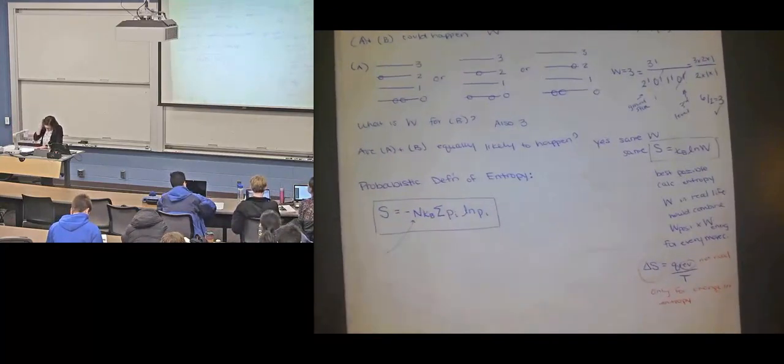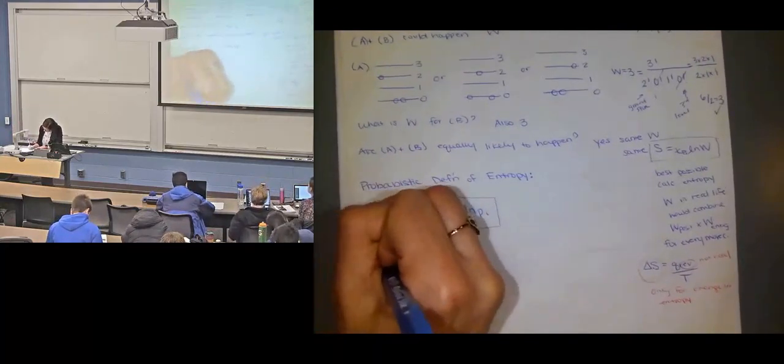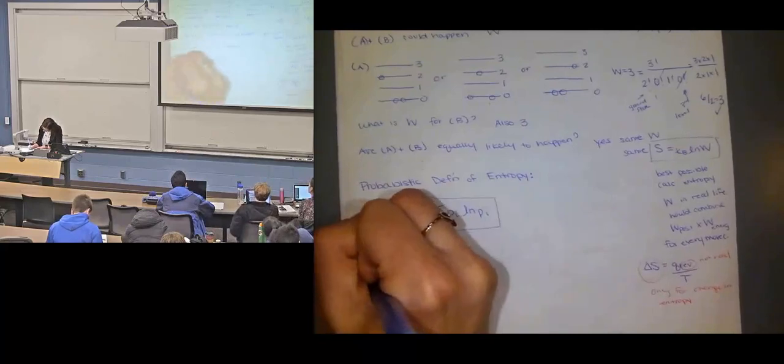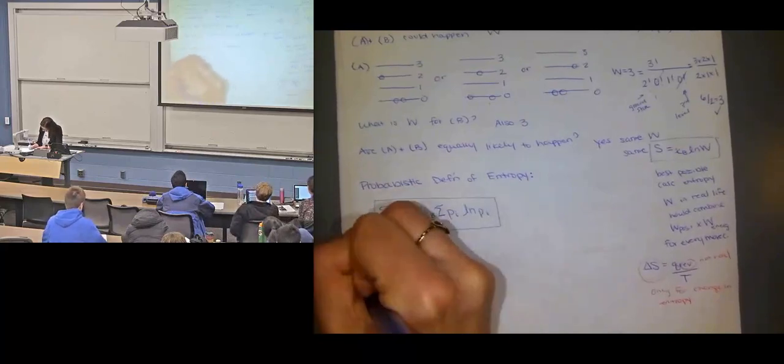The N here is the total number of objects or molecules or whatever it might be.